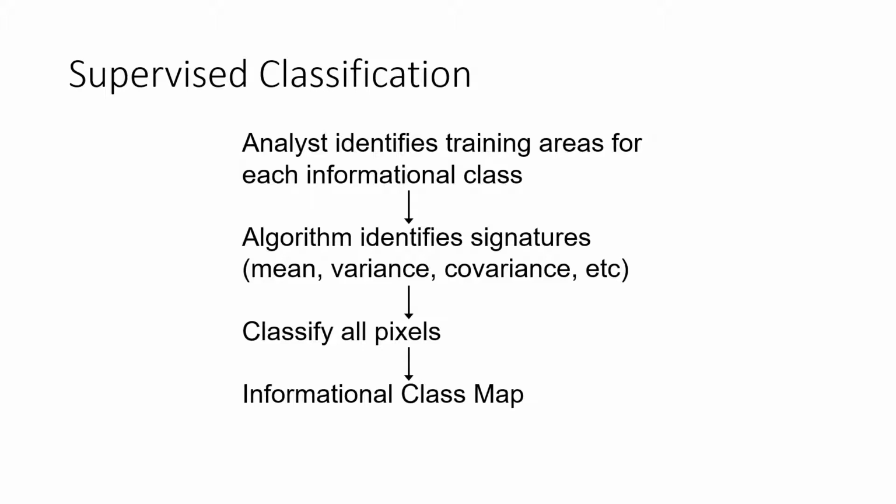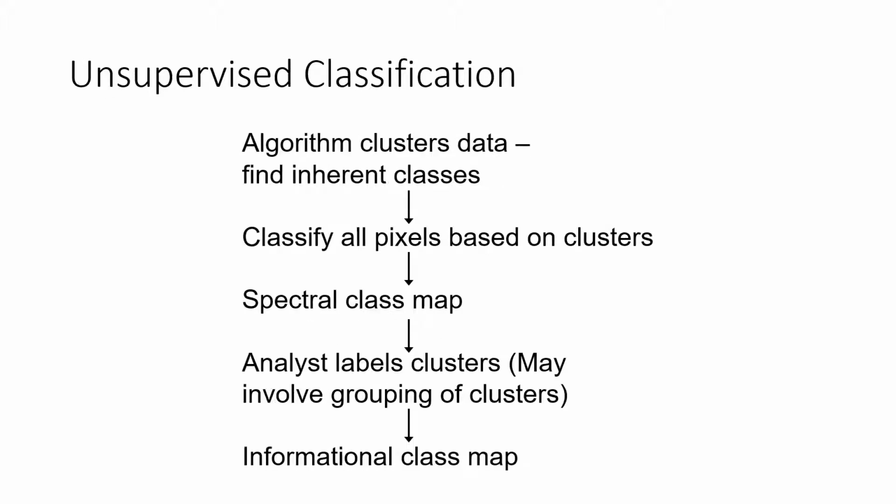In supervised, you identify training areas, the algorithm identifies the signatures, classifies all the pixels, and then generates a map. In unsupervised, it identifies clusters, finds the inherent classes, classifies everything based on those clusters, and again gives you a spectral class map. You then have to go in and label them. Sometimes that involves grouping them together, and ultimately you end up with an informational class map.